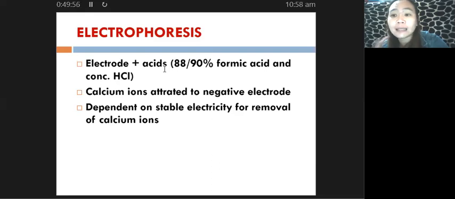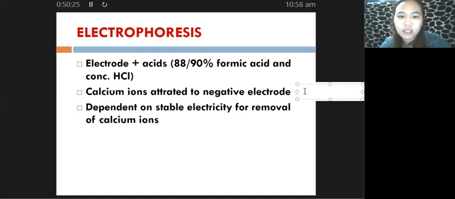They will be attracted to the negative electrode. Guys, remember from your clinical chemistry 1, what is the name of your negative electrode? It's your cathode. So your cations, your positively charged ions, will be attracted to the negative electrode, which is your cathode.